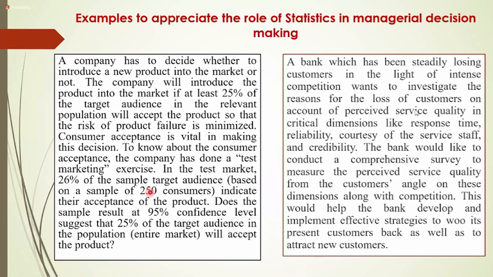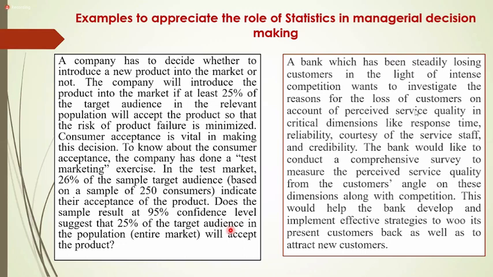So here, to make this decision, whether we can introduce this product, we have to find out: does the sample result at 95% confidence level suggest that 25% of the target audience in the population accept it? For this question, we have to answer. So in this case, we have to apply our statistics.